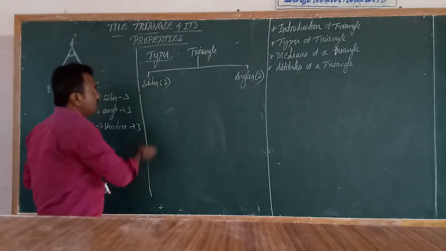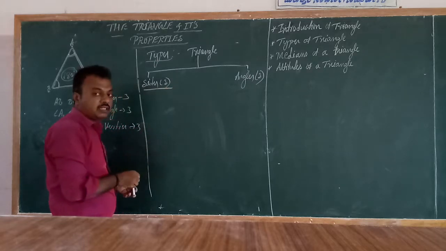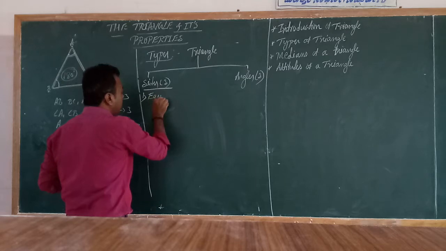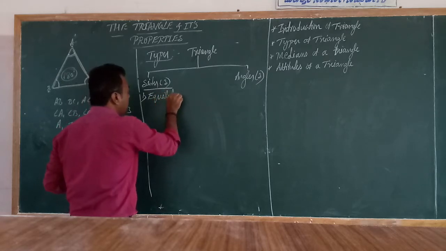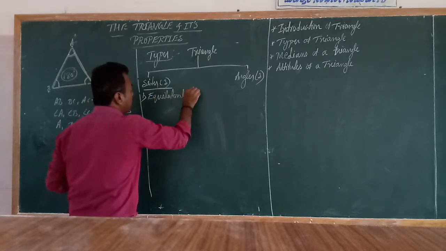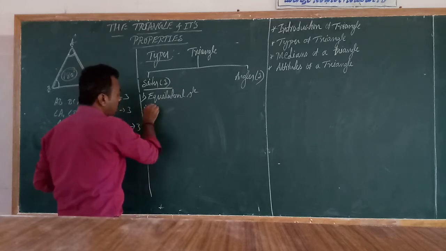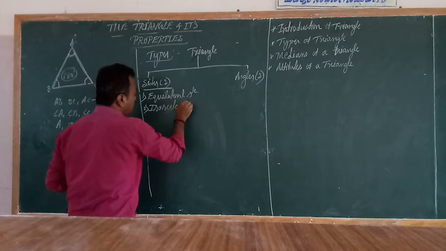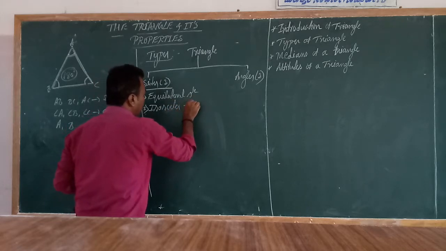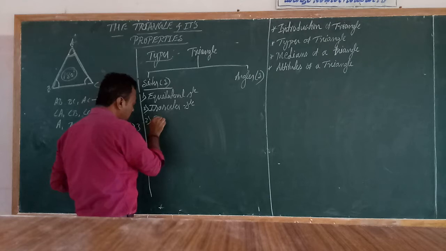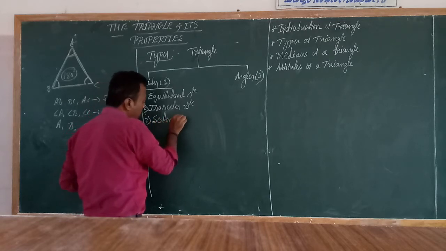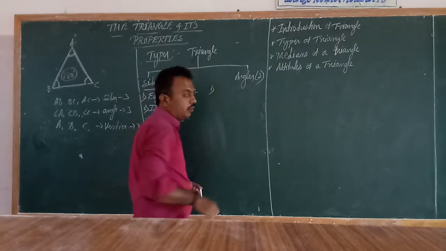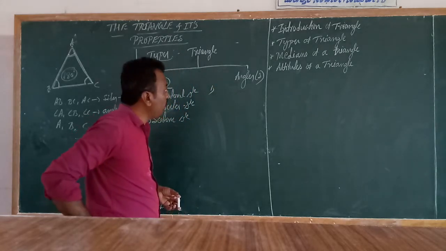What are the types of triangles based on the sides? Number 1, equilateral triangle. The second one, isosceles triangle. The third one, scalene triangle. Based on angles, it also has 3 types.